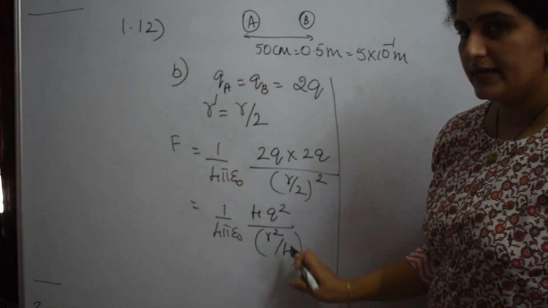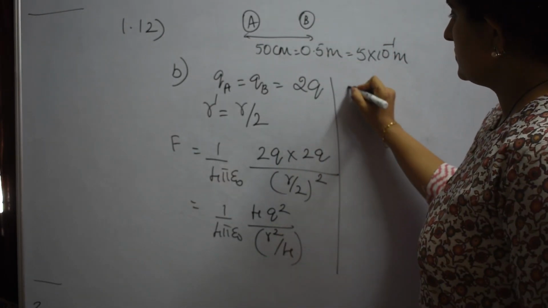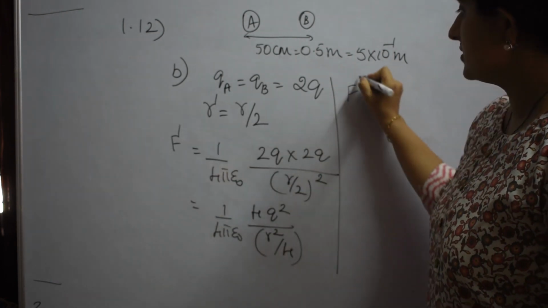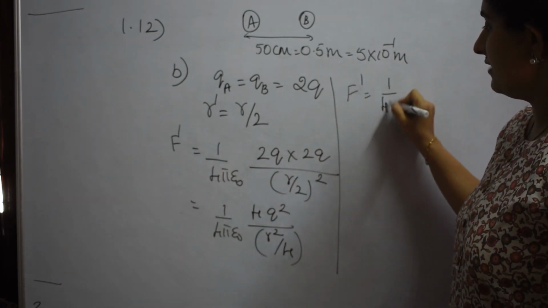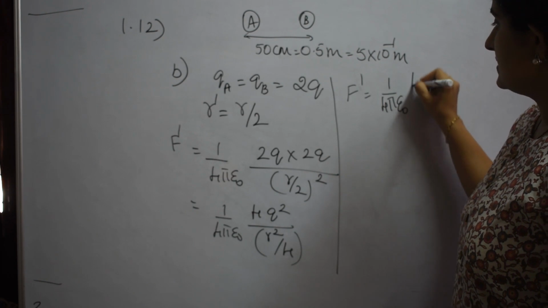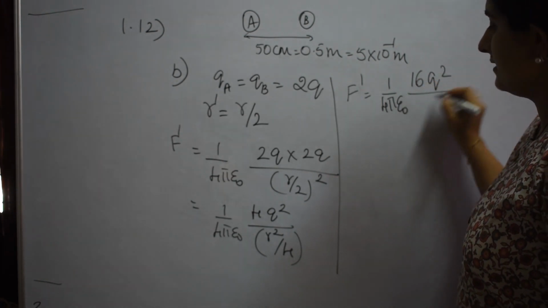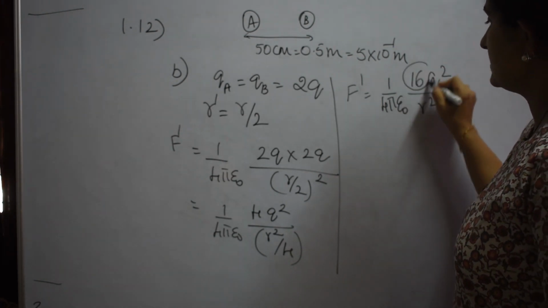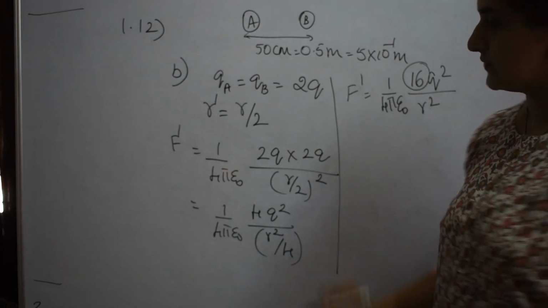This will go to the numerator, 4 into 4 is 16. So F dash is equal to 1 by 4 pi epsilon naught, 16 Q square divided by R square. This 16 is one extra from the previous one.